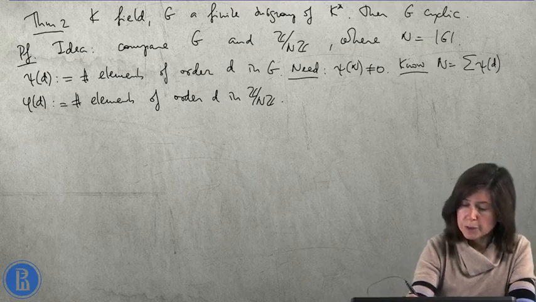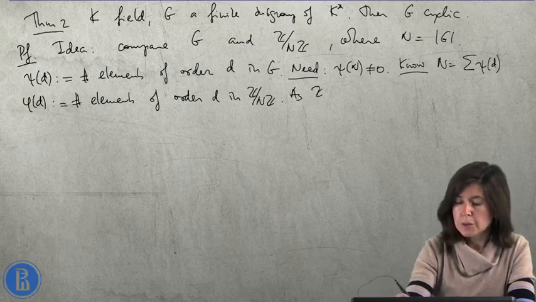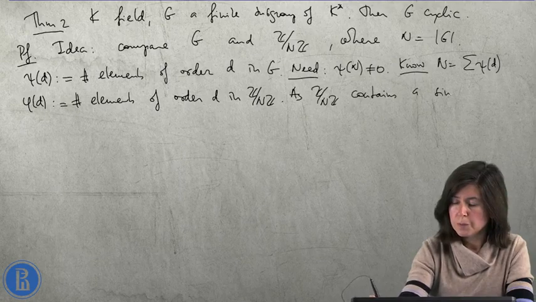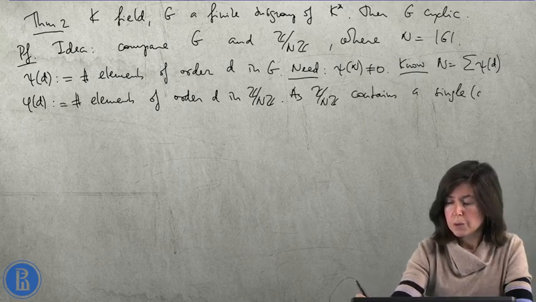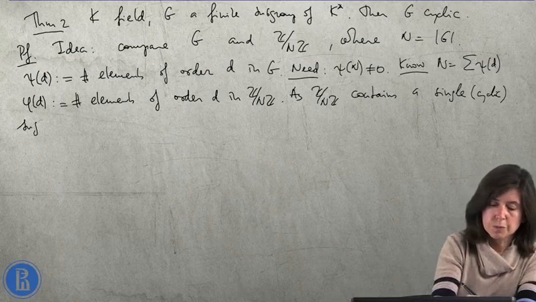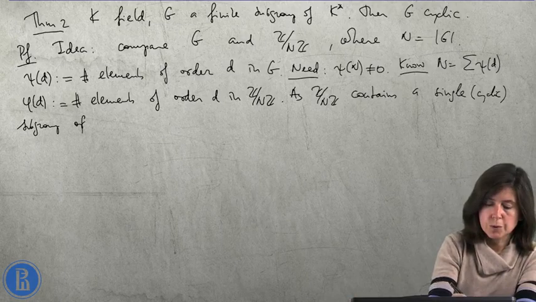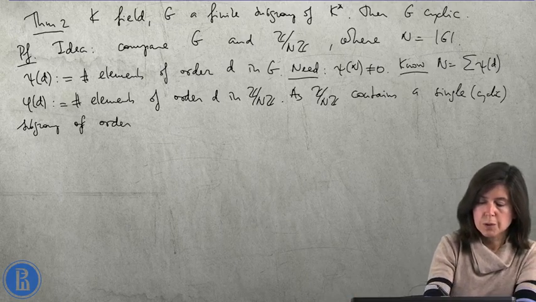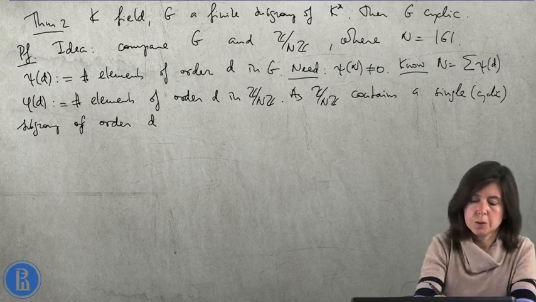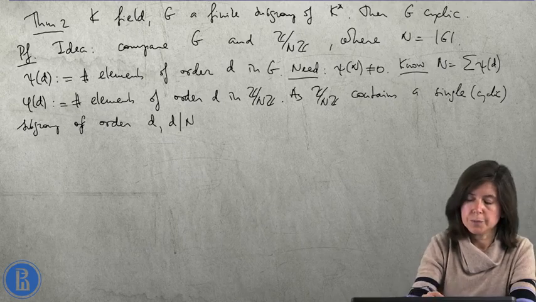So Z over nZ contains a single cyclic subgroup of order d for each d dividing n.